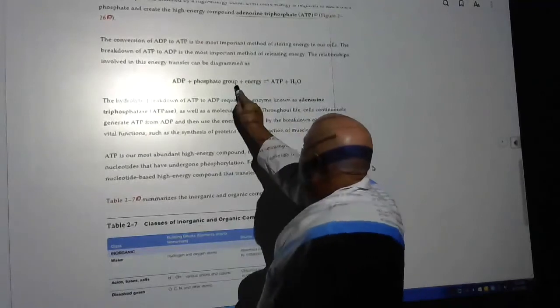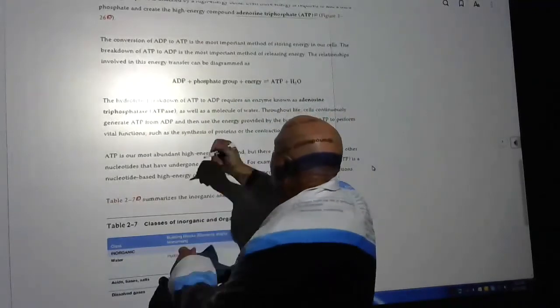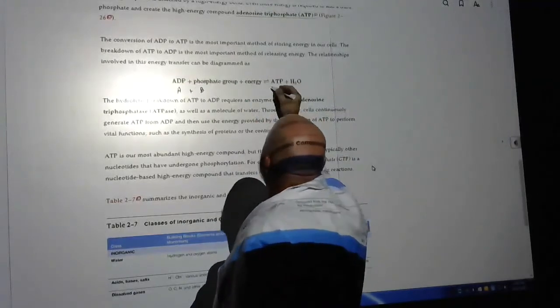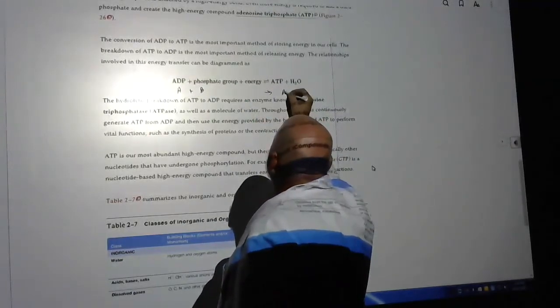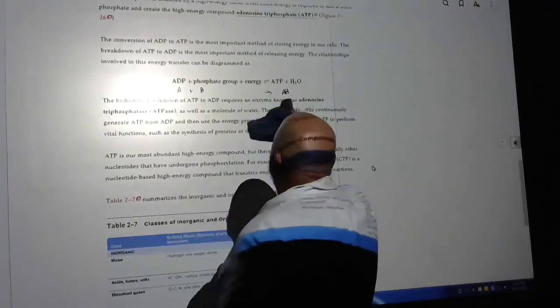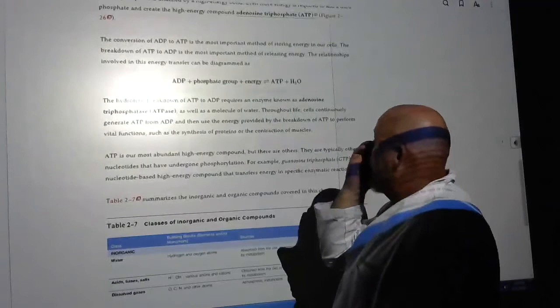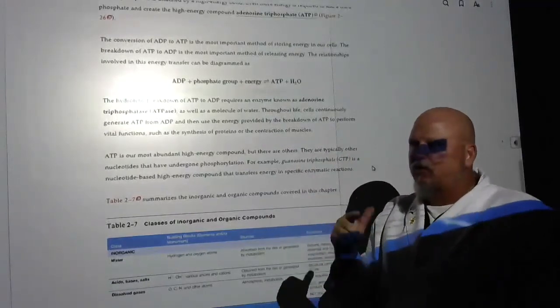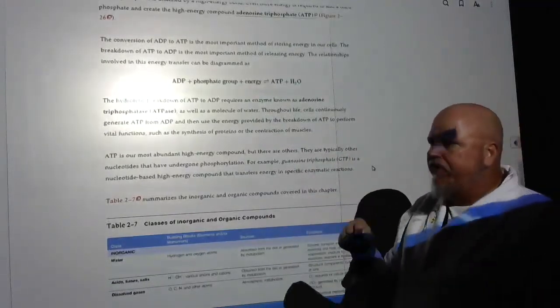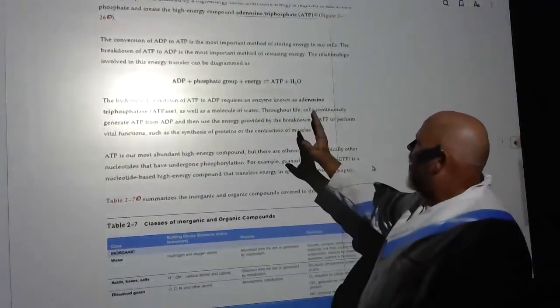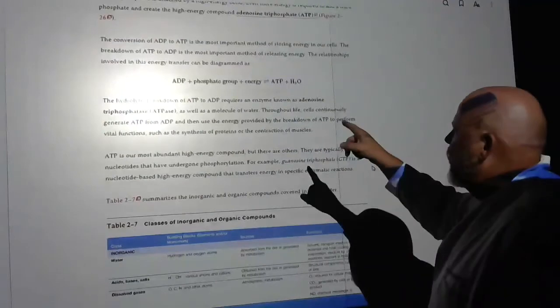This would be like A plus B yields AB. But use this formula to answer all those questions, like, is it hydrolysis or dehydration? Is it catabolism or anabolism? Is it exergonic or endergonic? So go through that with this formula right here.